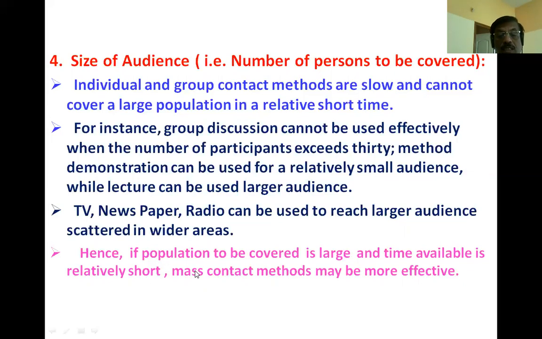Hence, if the population to be covered is large and the time available is relatively short, mass contact methods such as TV, radio, newspaper, and circulars are more useful. Whenever there is sufficient time and the audience to be reached is small, we go for individual or group contact methods.